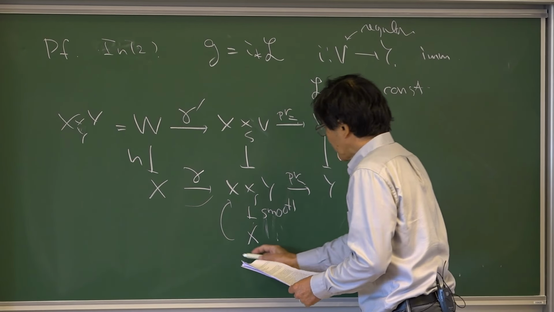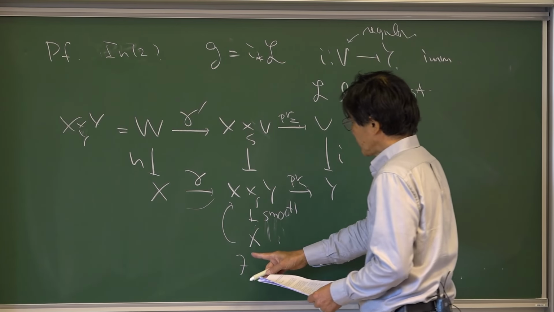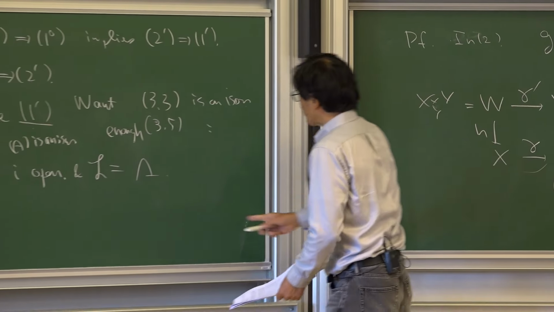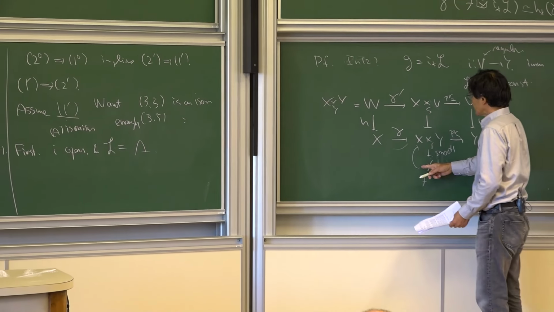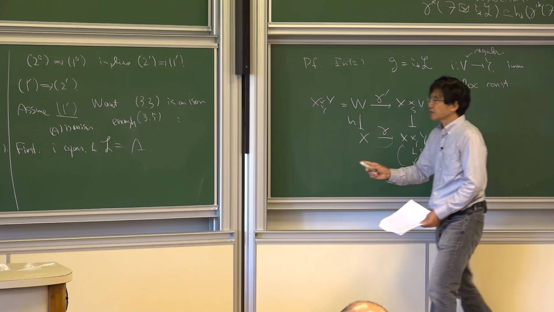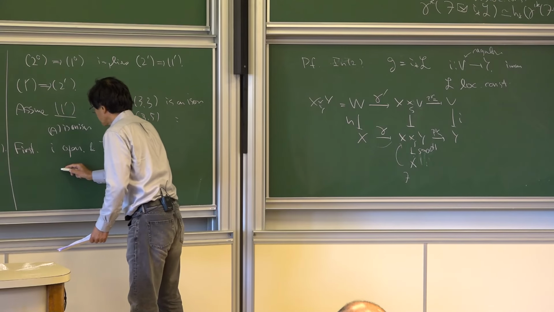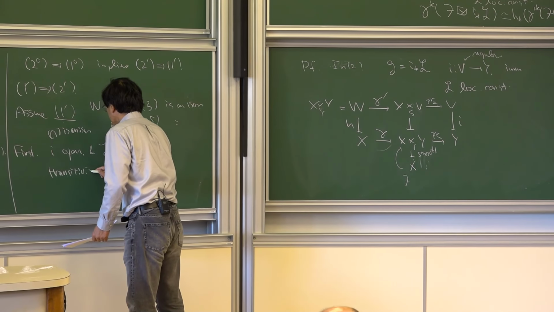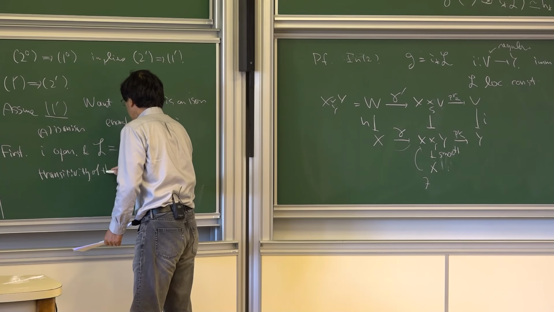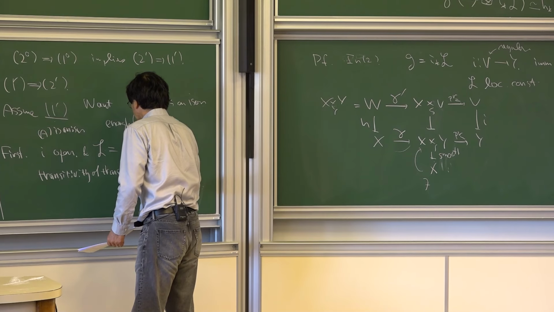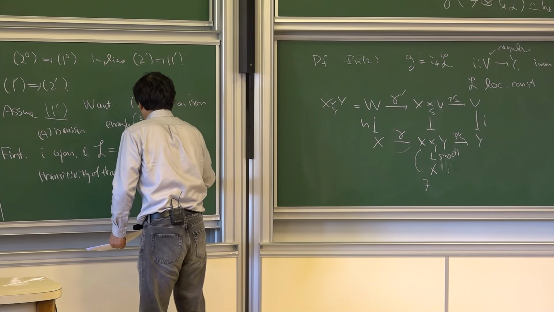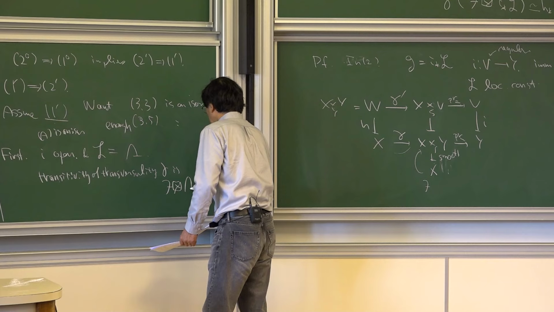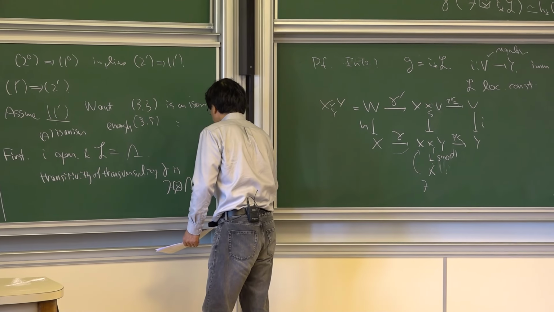And our sheaf F is here, and we just take the pullback of F. So by the transitivity of transversality, gamma is transversal.